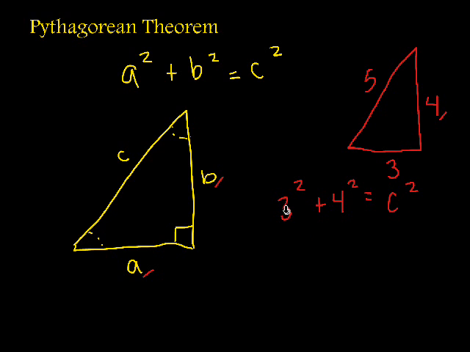So 3 times 3 is 9, plus 4 times 4, which is 16, equals c squared. So 25 equals c squared. You're almost done here. You just have to work out that the opposite of squaring something is to square root it. And the square root of 25 is 5.